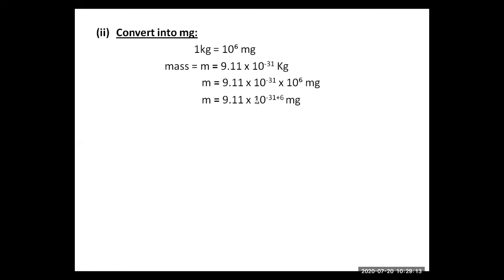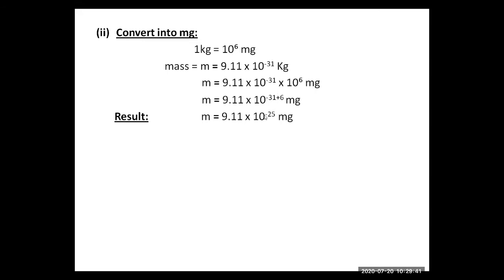Now we will simplify it. In the simplification, plus and minus make minus, so in 31, we will subtract 6. So we will get 25. Means m is equal to 9.11 multiplied by 10 raised to the power minus 25.